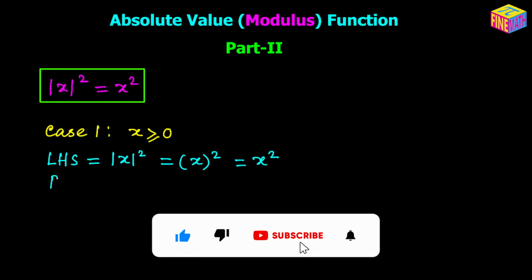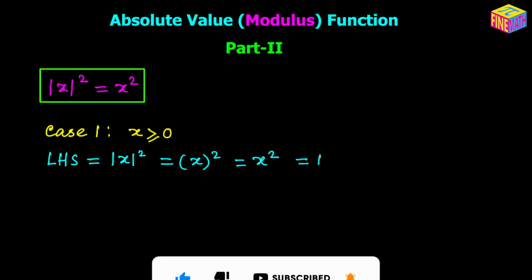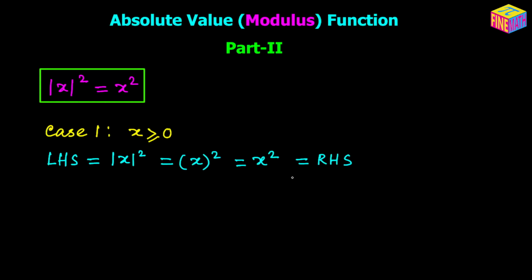Well, right hand side already has x squared, and that is exactly the same as the right hand side, as you can see up there. So I'm simply writing it here that this again equals the right hand side. So we have been able to show that the left hand side and the right hand side are equal. That means this result, that modulus of x whole squared is equal to x squared, is true so far, right?